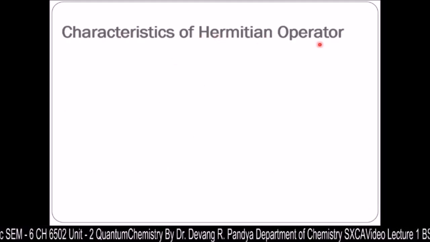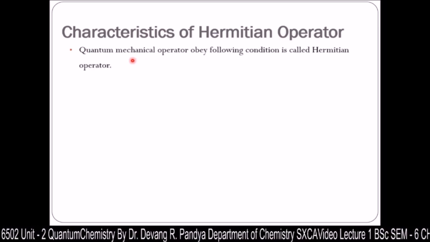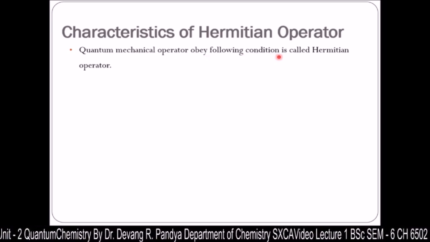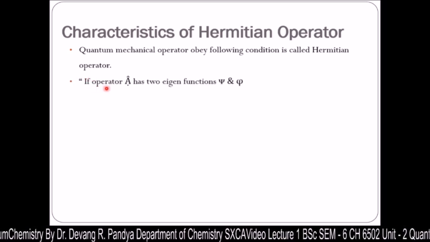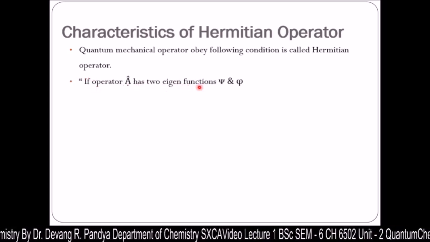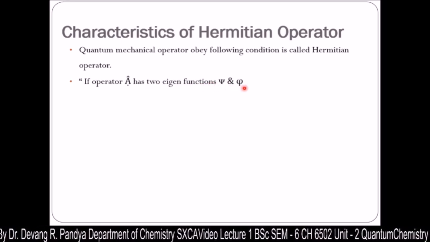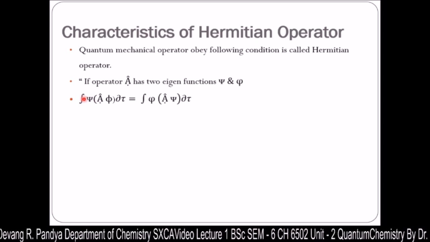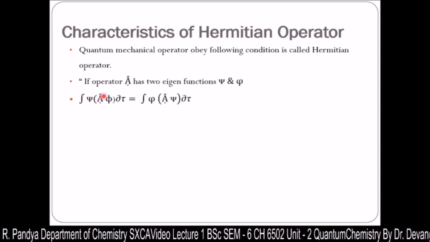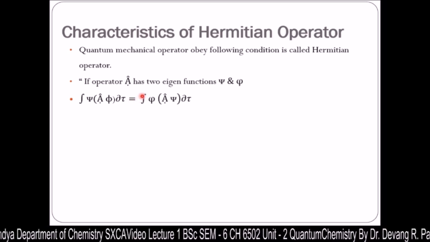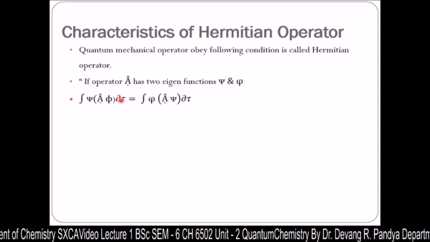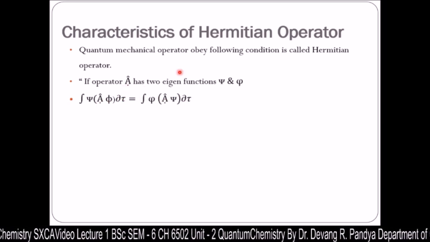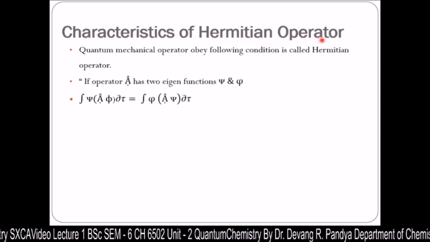Now the characteristic of a Hermitian operator, the turnover rule. A quantum mechanical operator that obeys the following condition is called a Hermitian operator. The condition is: if operator A has two eigenfunctions psi and phi, then the integral of psi A phi dτ is equal to the integral of phi A psi dτ. If these two are equal, then operator A is known as a Hermitian operator.